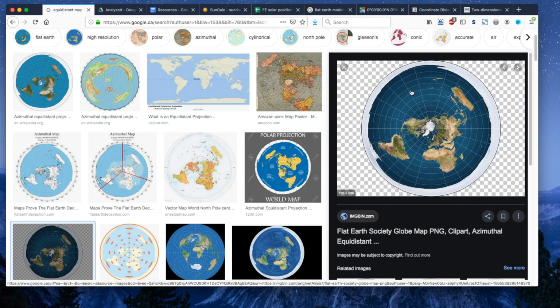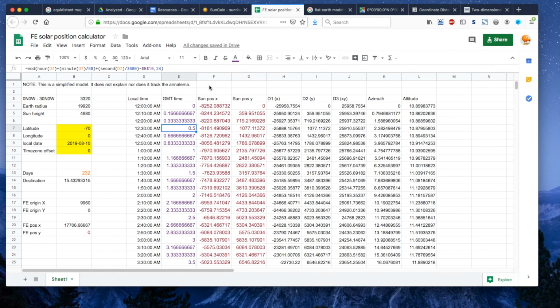So hours divided by 24 multiplied by 360 will give us up to a full revolution, and then we just adjust for where we want the 0 degree angle. So that's why we have GMT time. Then the sun position is based on the observer's longitude, latitude, sun's declination, and GMT time.